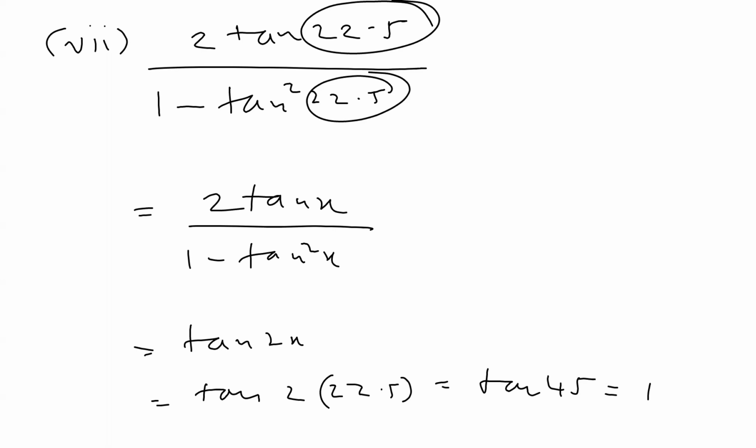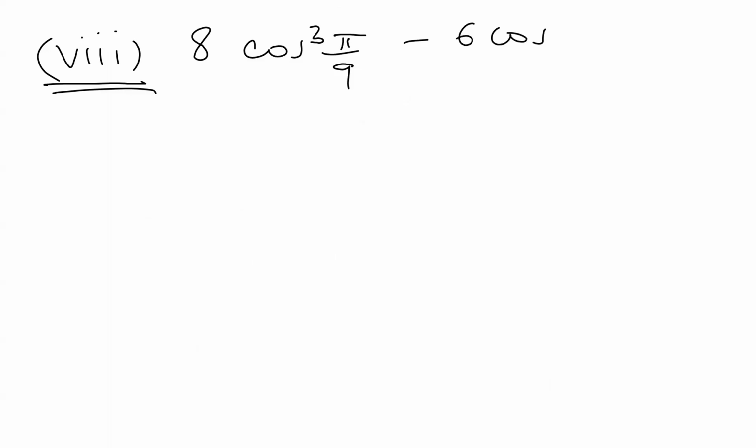Then sub question 8. 8 cos cube pi by 9 minus 6 cos pi by 9. So take 2 common. 4 cos cube, let's take pi by 9 as x.